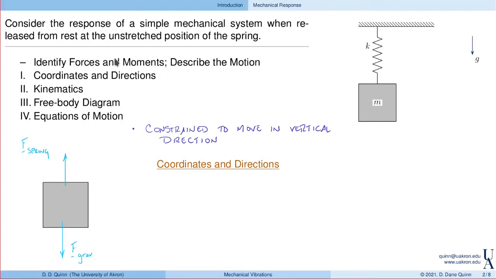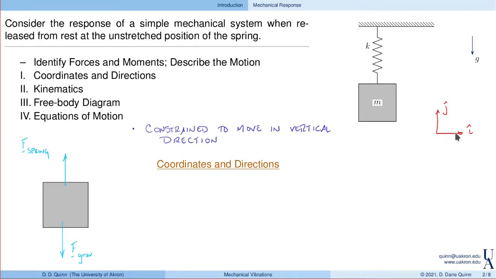We think about what's going on, we figure out how we're going to measure it, and then we calculate some things, motion and forces, and then finally we apply the equations of motion. So, jumping in, what forces do we need to measure, and in what directions? Here the motion is going to be in the vertical direction, so we'll call that J, and we'll throw I along with it.